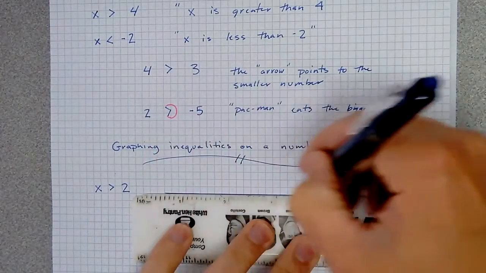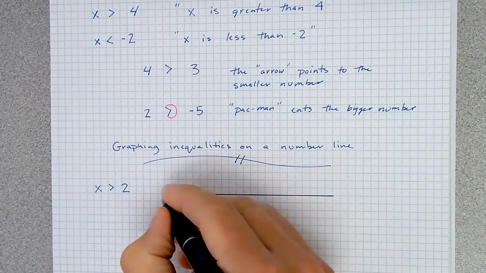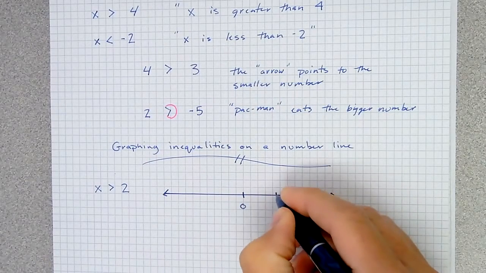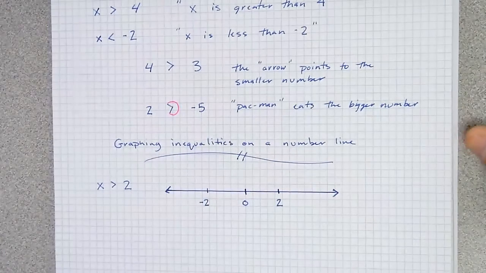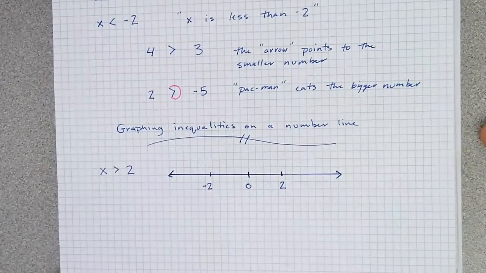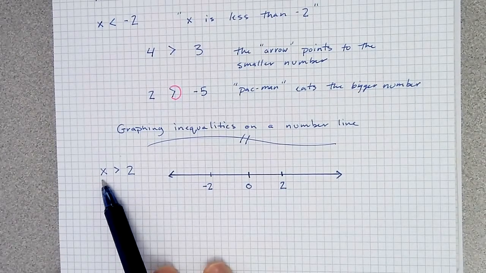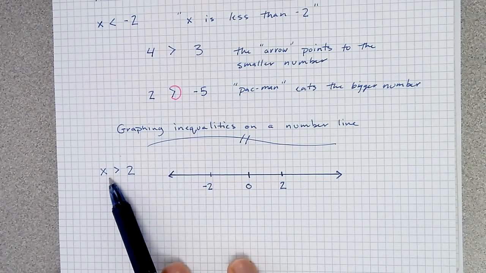And so whenever we want to graph inequalities on a number line, since there's only one variable, we use it on a number line like so. Okay, so this states that x is greater than 2.